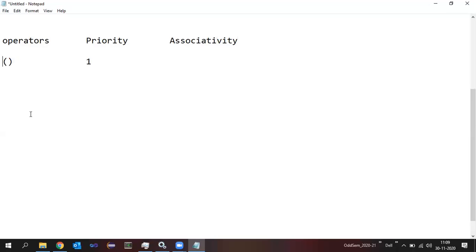The first one is brackets, these normal brackets. They have the highest priority, priority 1, and they are done in which fashion? Left to right.